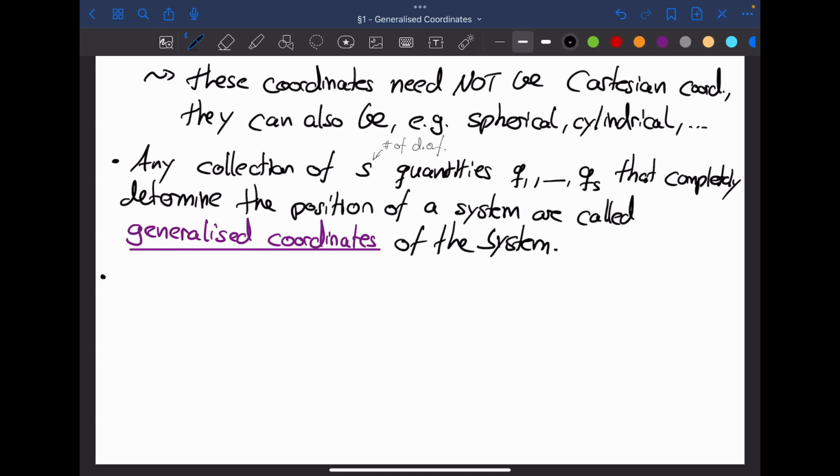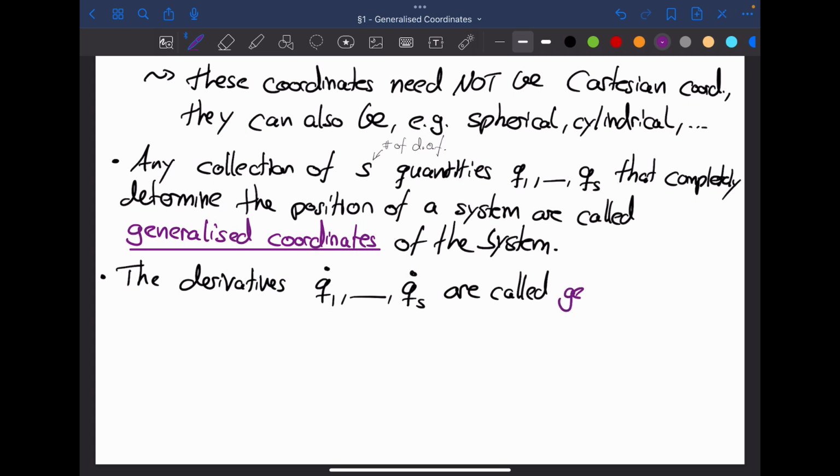And their derivatives, so q1 dot, etc., qs dot, are called generalized velocities.